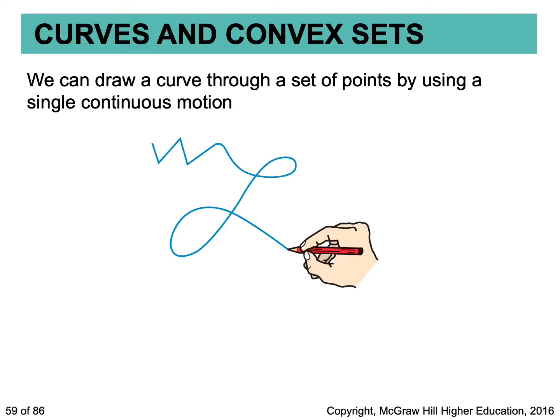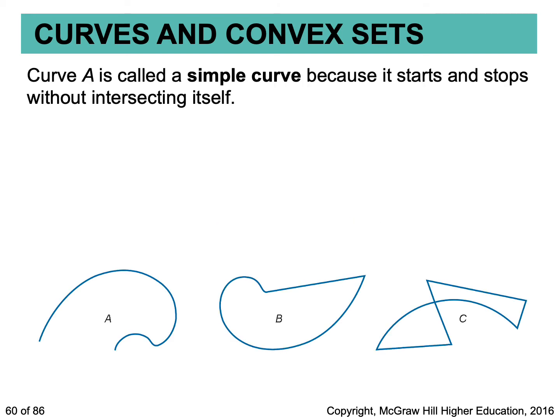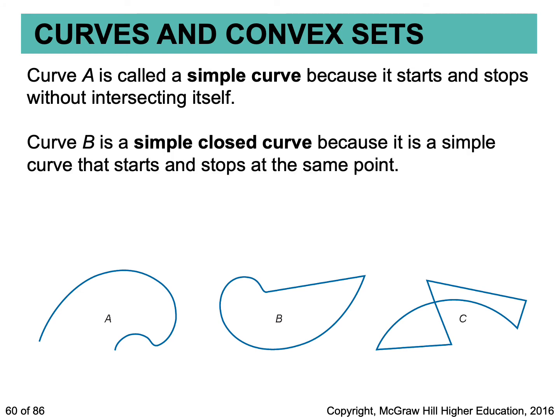All right. We can draw a curve through a set of points by using a single continuous motion. You have a simple curve if what you have drawn does not intersect itself. It's a simple closed curve if it doesn't intersect and it starts and stops at the same point.